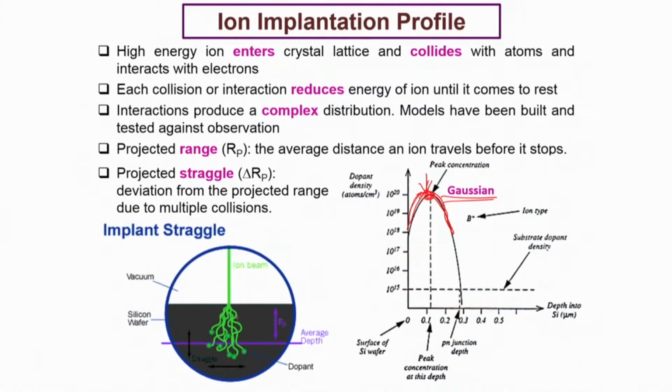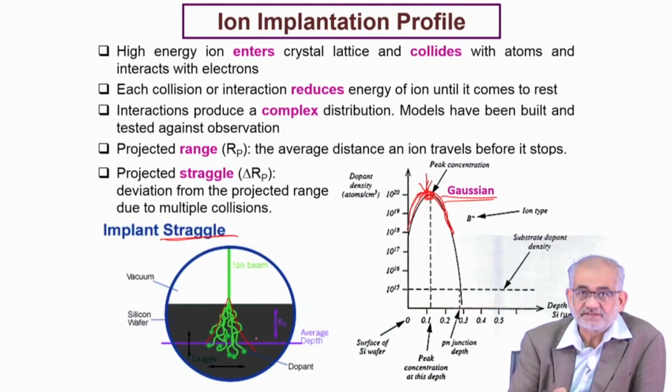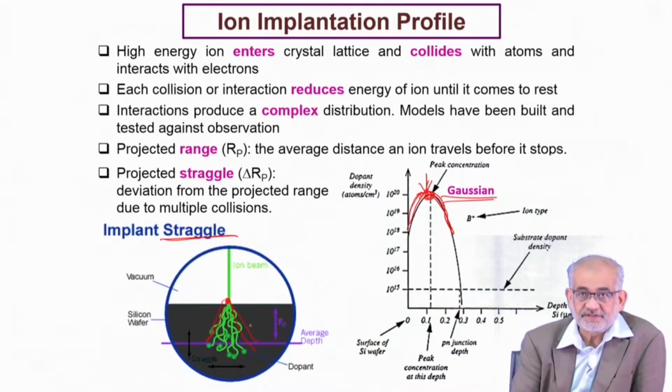Now this is the typical straggle that I mentioned at the very beginning. It's just like the root of a tree. We know very well that below the stem, the root does not necessarily follow the same vertical direction, but it spreads up to a certain distance. So if the ions are entering from this spot, there'll be a range up to which they'll spread out.